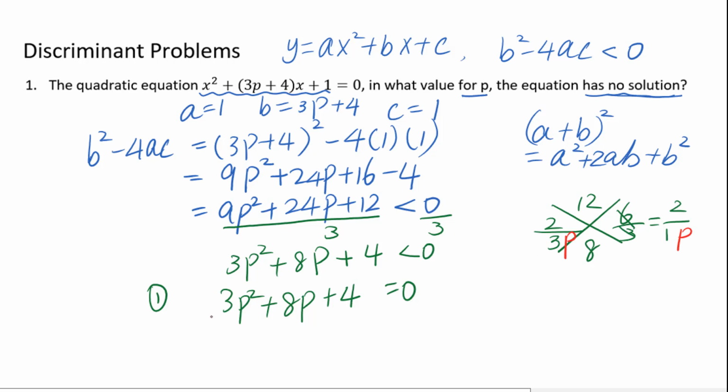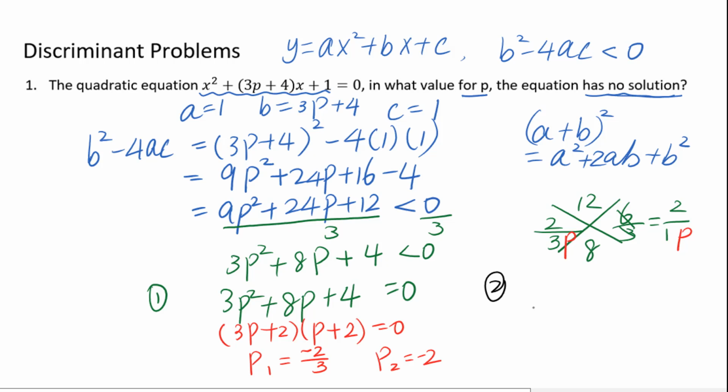Factoring, we get (3p plus 2) times (p plus 2) equals 0. So p1 equals negative 2 over 3, p2 equals negative 2.